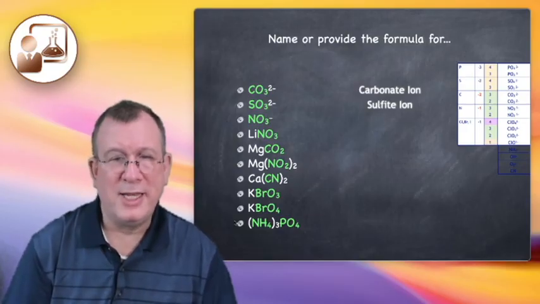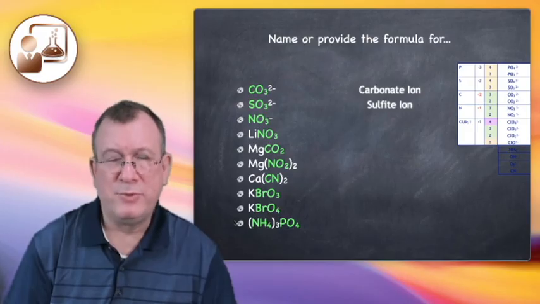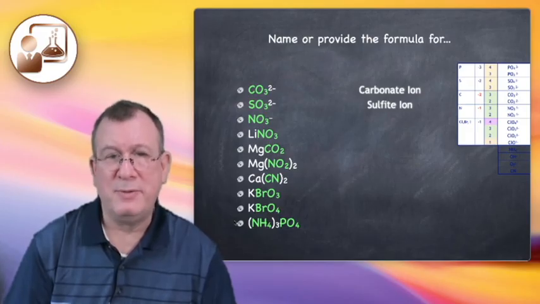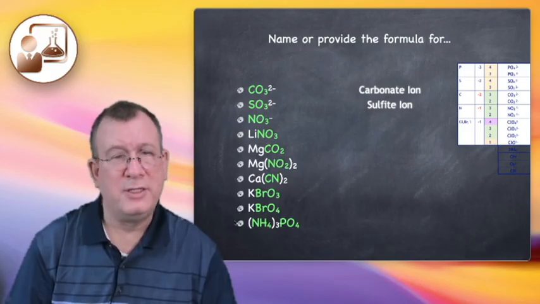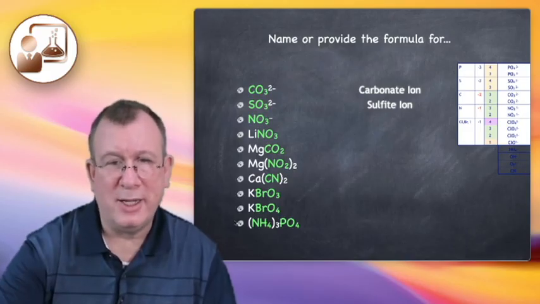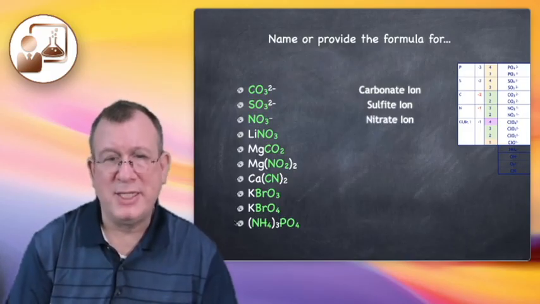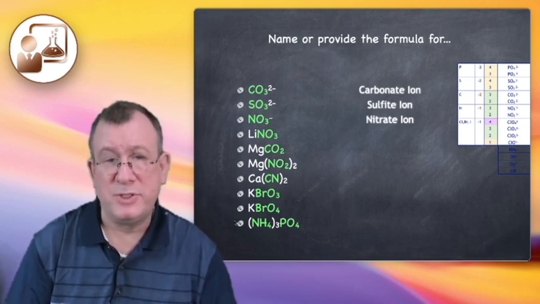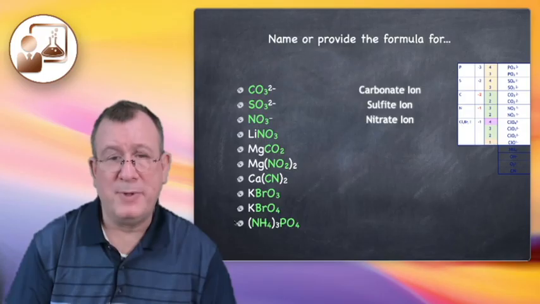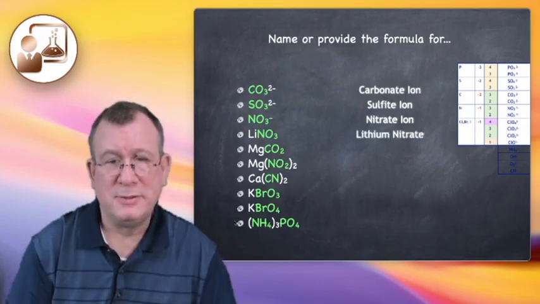The one underneath that, NO3 1-. Okay, again, 2 and 3 for most elements, 3 is the big one, and nitrogen is one of those, so this is the nitrate ion. And if I take the nitrate ion and I combine it with a metal ion like lithium to produce a neutral compound, that neutral compound is then lithium nitrate.